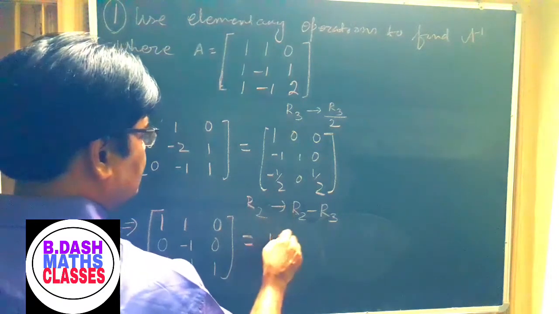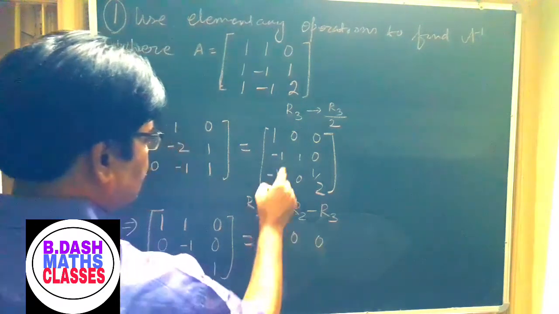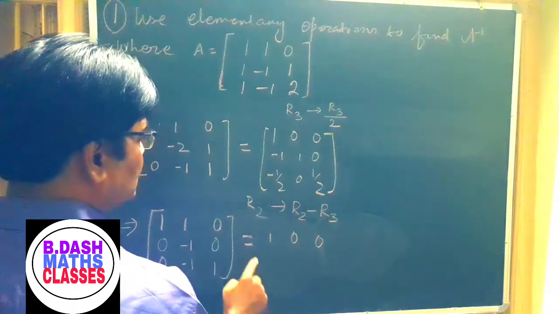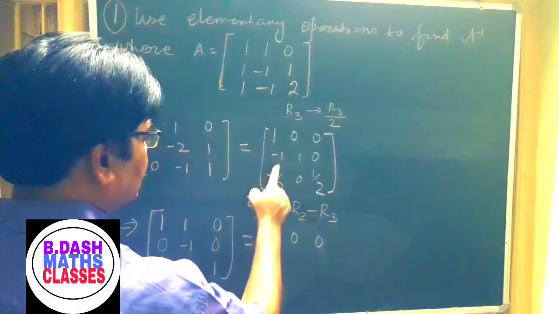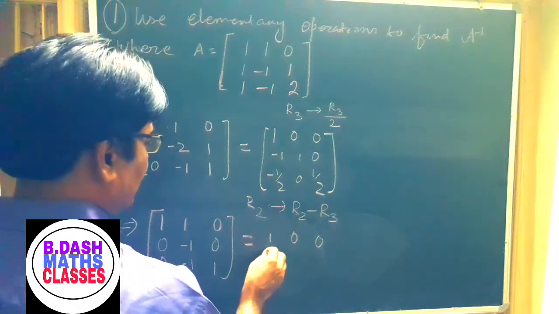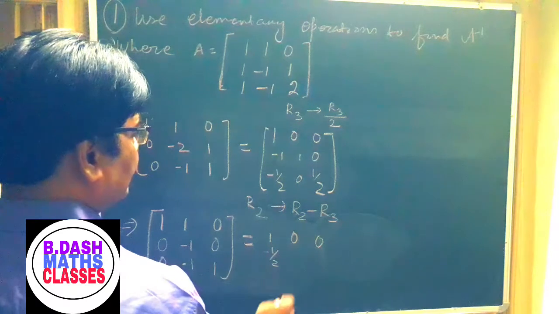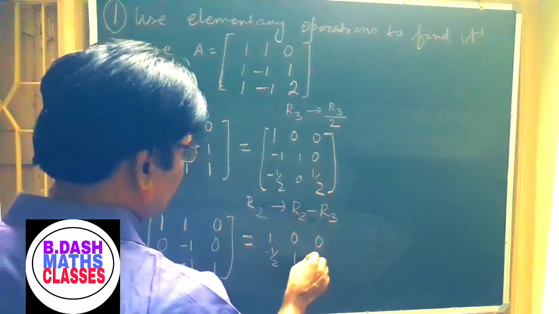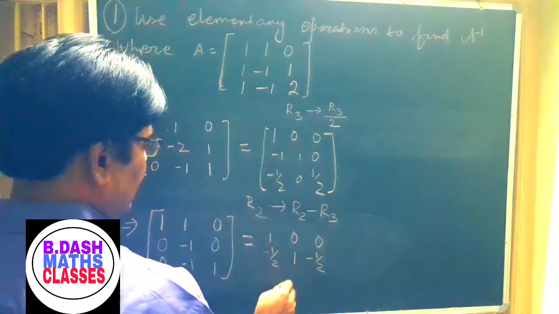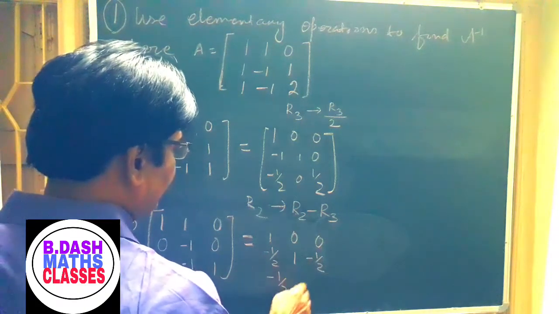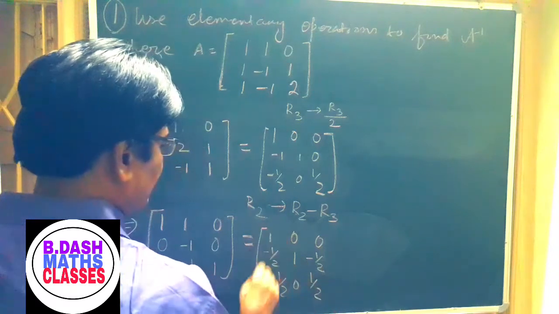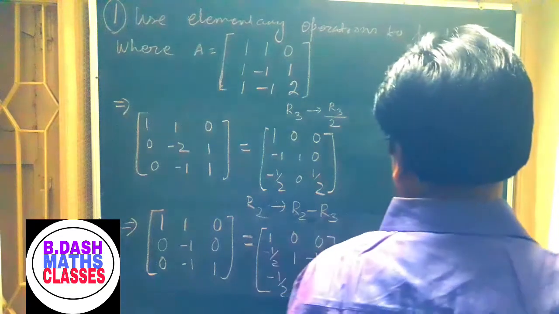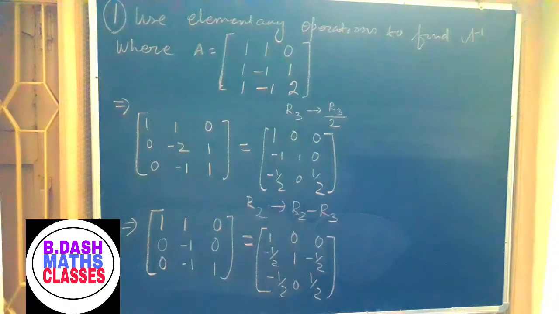This side, the first row will remain as such, and row 2 is replaced by row 2 minus row 3. Minus 1 minus half plus half is minus half, this is 1 minus 0, 1, 0 minus half, and the third row will remain as such, so there will be no change at all. Here we have applied row 2 replaced by row 2 minus row 3.